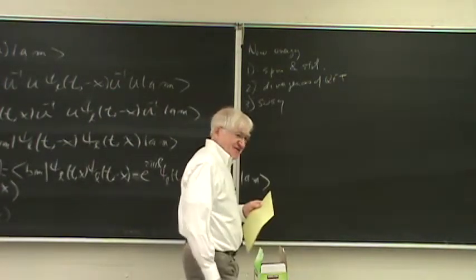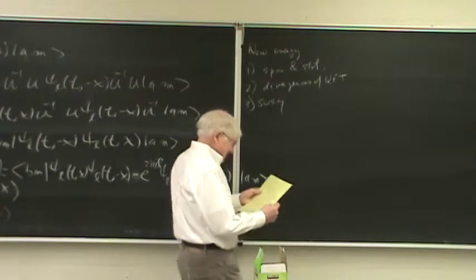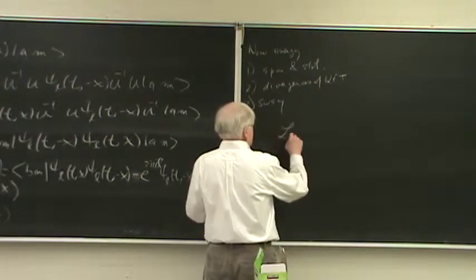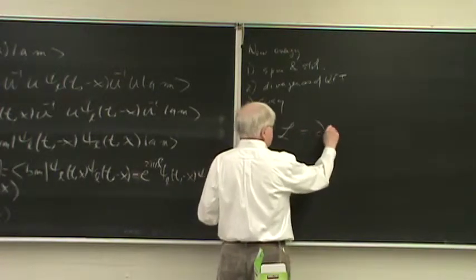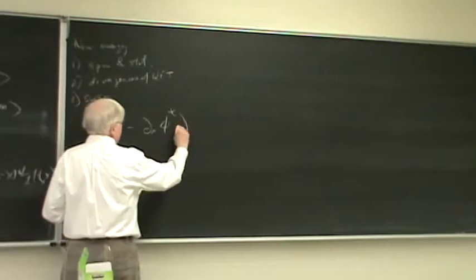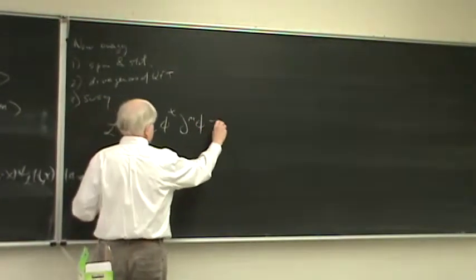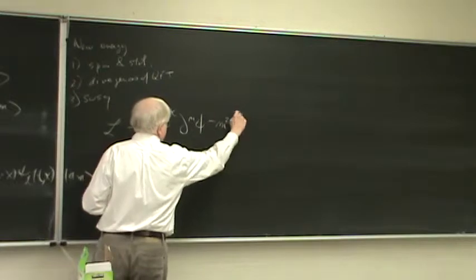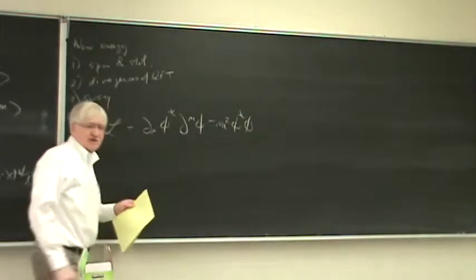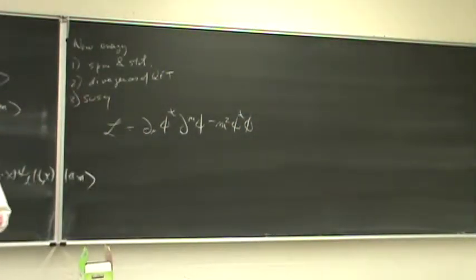Okay, having satisfied the de Blasio rule in a minimal fashion, let's look at a scalar field with an action density ∂μφ* ∂μφ minus m² φ*φ, and we've looked at this field several times.